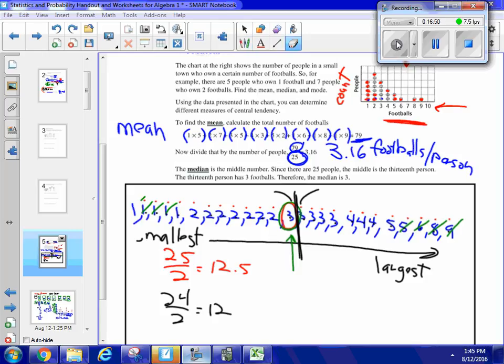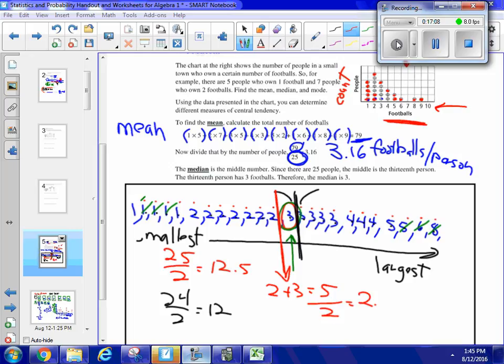So I go 2 plus 3 is equal to 5, and I just divide that in half, and my median would be 2.5. So even though there is no 2.5 number here, that is still my median in this particular case if I had erased that 9. So you find the mean between the 2 numbers on either side of the middle spot. So our median in this particular case is 3.